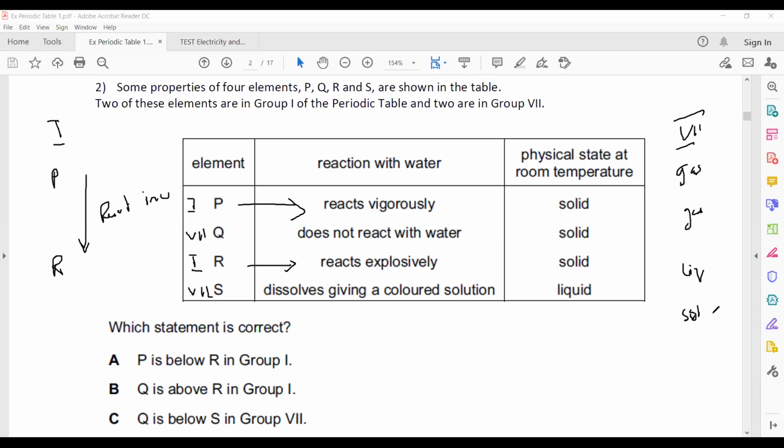If it is solid, Q is below and S is above. And density increases as we go down. That's why.